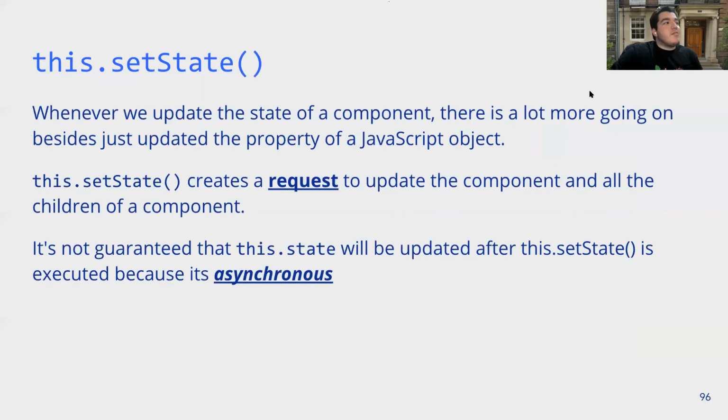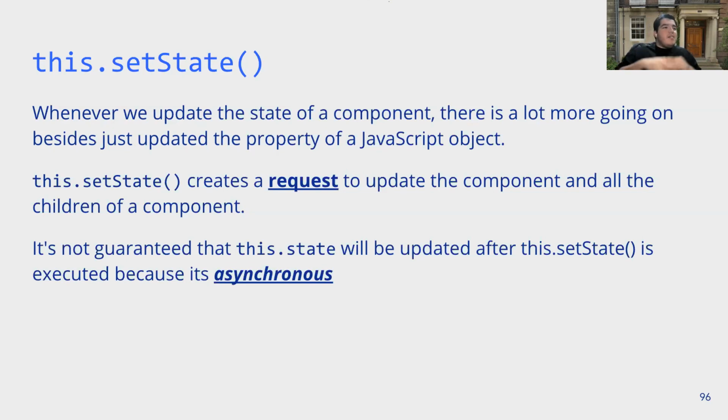It turns out React has this cool function called this.setState. Whenever we update the state of a component, as we said, there's a lot that's going on, right? There's a lot more going on that you'll want to update than just updating the simple property of a JavaScript object. It turns out this.state is actually creating a request.